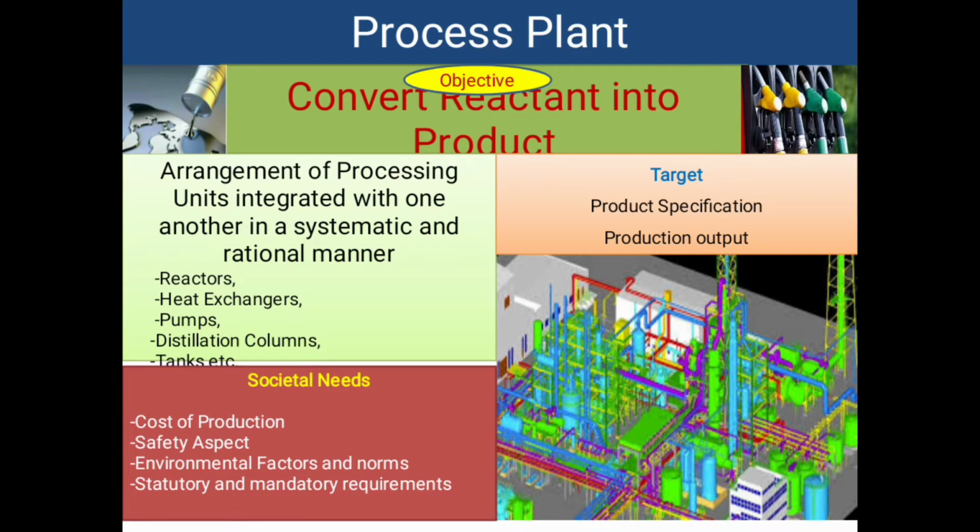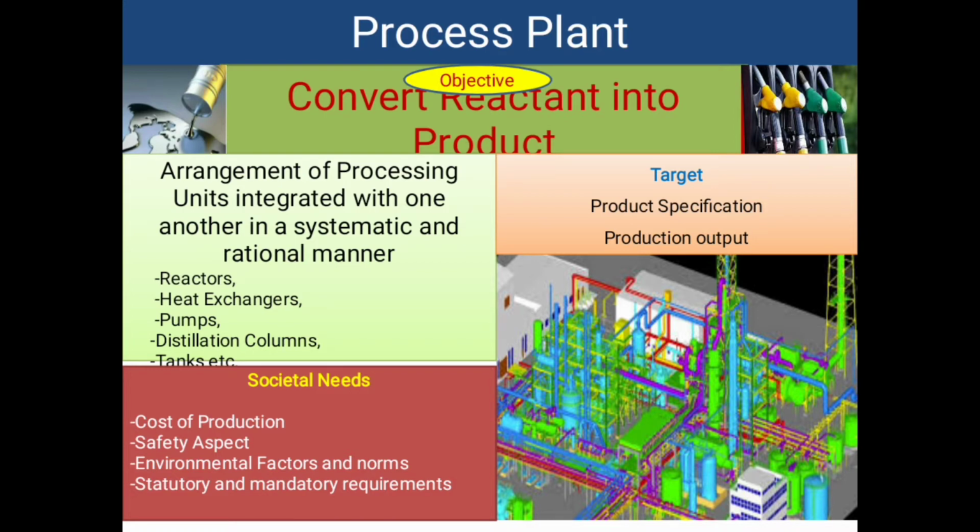So, what are the machines and materials which will complete the reactions? In a process plant, a lot of processing units such as reactors, heat exchangers, pumps, distillation columns, absorbers, dryers are arranged in a sequential manner, and all are interconnected with some interlocking system.